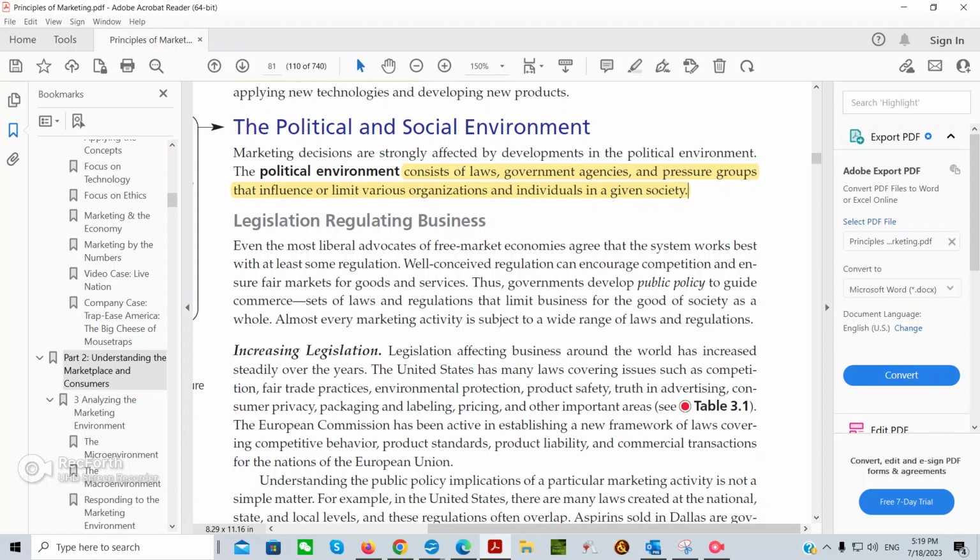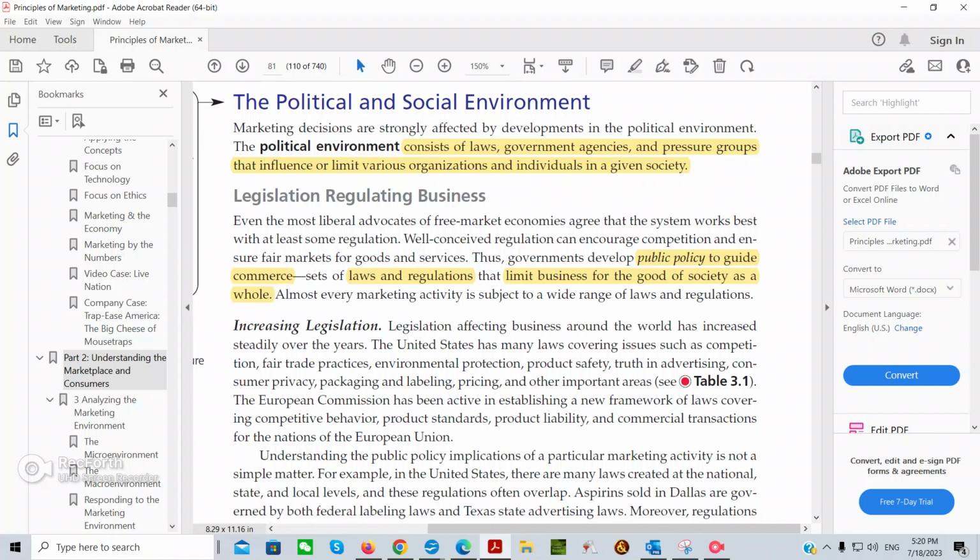Thus, governments develop public policy to guide commerce. Okay, so public policy to guide commerce. How? A set of laws and regulations that limit business. What's the purpose? Limit business for the good of society as a whole.